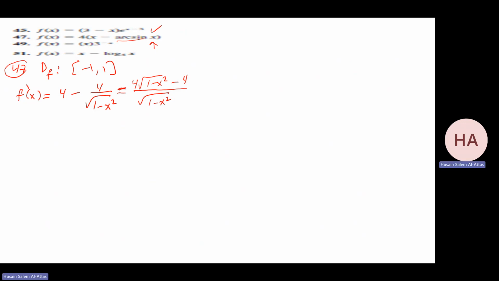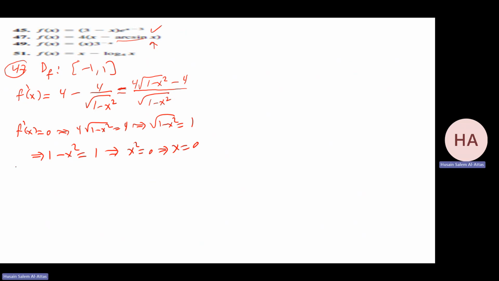Okay, if we take 4 as common, now I need f prime equals 0. So I have 4 square root of 1 minus x squared equal to 4. In other words, square root of 1 minus x squared is equal to 1. So 1 minus x squared is equal to 1, so x squared is equal to 0. So I have x equals 0.